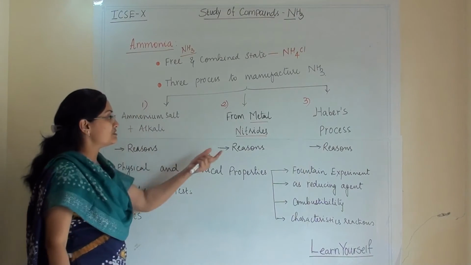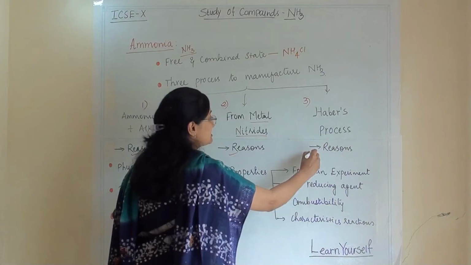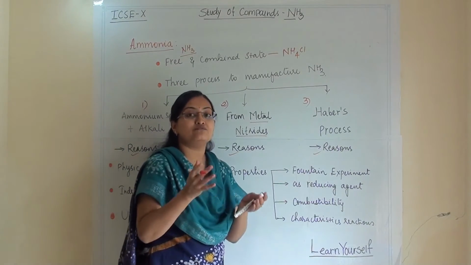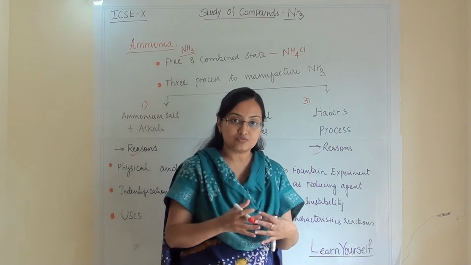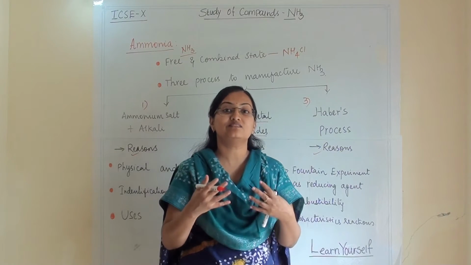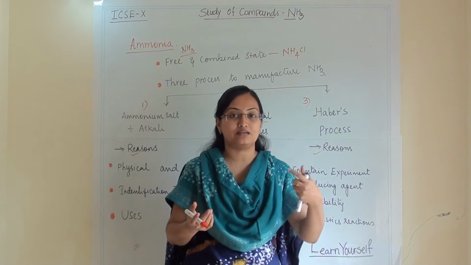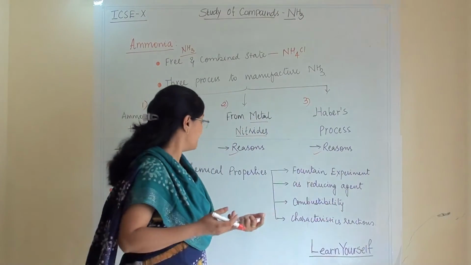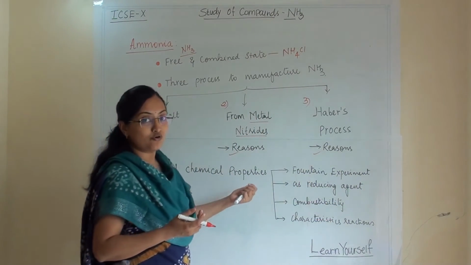For all these three processes, we are going to study the reasons why we have chosen these reactants, why we are keeping this much temperature, and what conditions we are setting for the reaction and why. Then physical and chemical properties of ammonia.